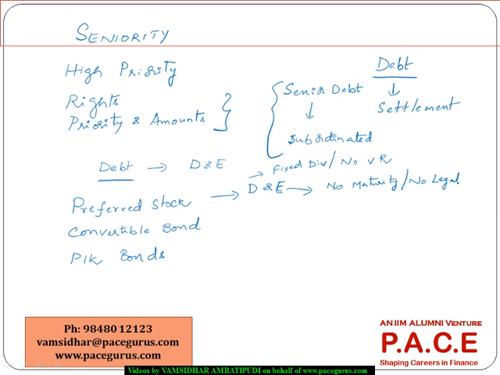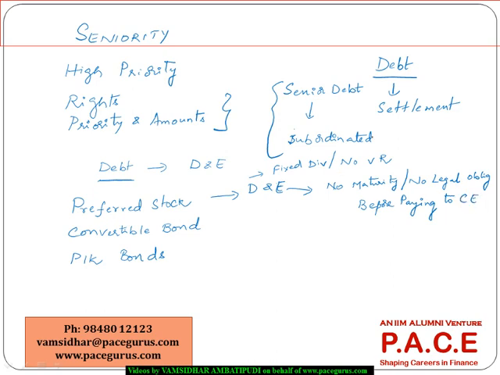Though it's a fixed dividend, only when a company has generated a profit will it pay a dividend, but it's not a legal obligation. The only obligation is that before paying common equity, the payment to preferred stock should happen. That's the only thing that comes up.